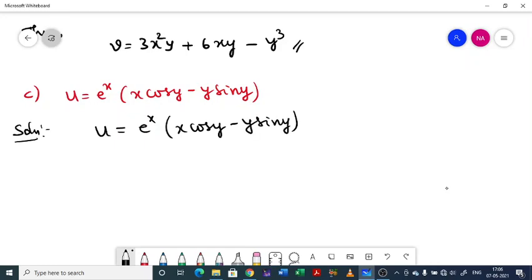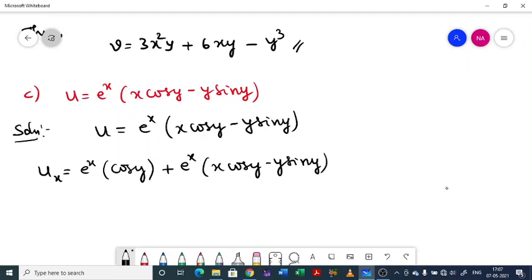Now differentiating, ux equals, you have to apply the product rule: e power x times the derivative of the term within the bracket, cos y, plus the derivative of e power x, that is e power x into x cos y minus y sin y.